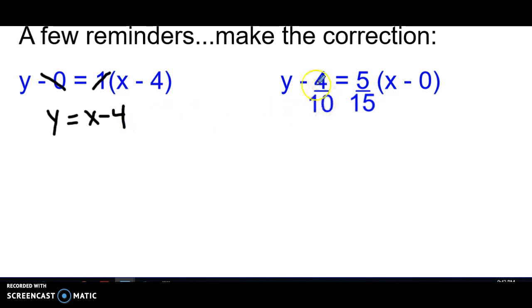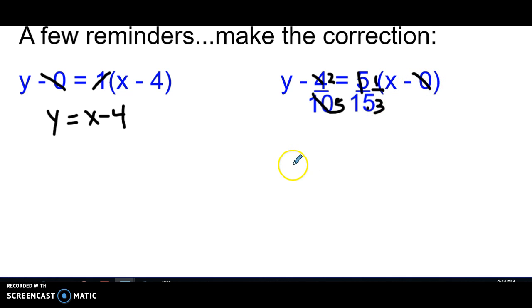Same thing if I have some fractions that need to be reduced, you can bet on me taking off a point or two if you don't reduce it. So 4/10 is the same as 2/5. So I'm going to change that to 2/5. This guy should be 1/3, right? 5/15 is the same as 1/3. And this minus 0, I don't need to write that.